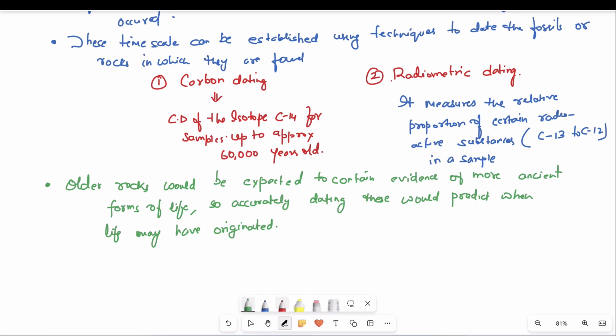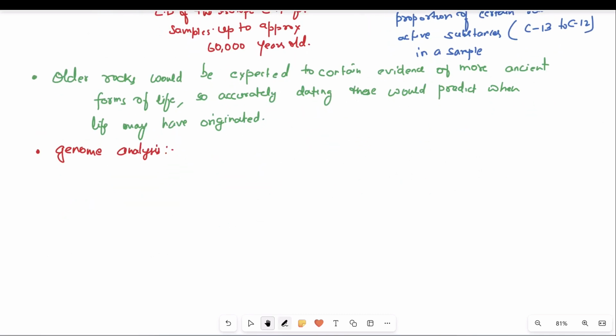Now, this is not the only way, there are other ways. Another technique is genome analysis. How genome analysis? There are so many things that happen in a genome, right?